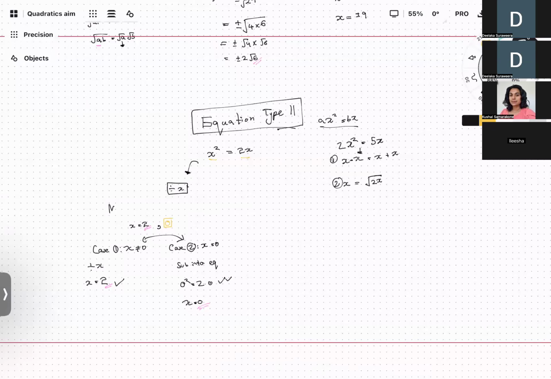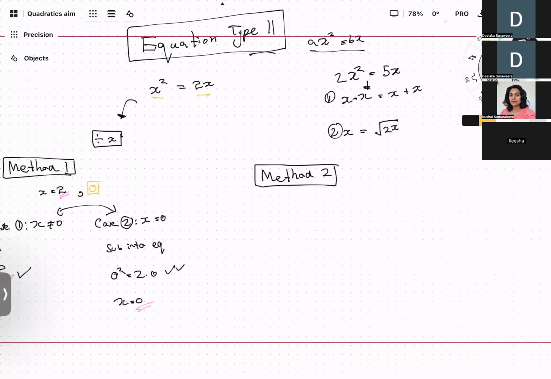If this is method 1, that must mean there's another method as well, right? There's method 2 now. This one actually introduces some new ideas we're going to use later on. Method 2 is we're going to use something called null factor law.